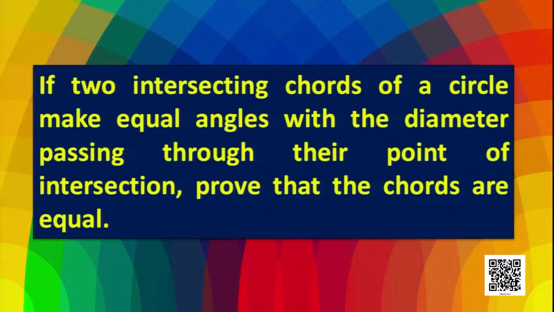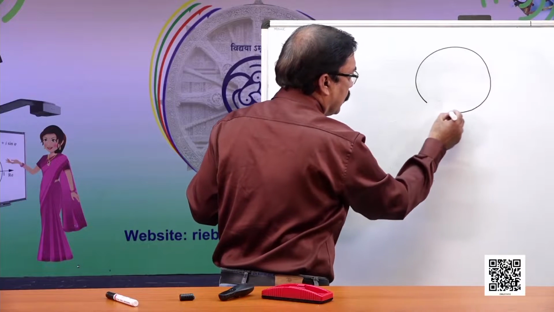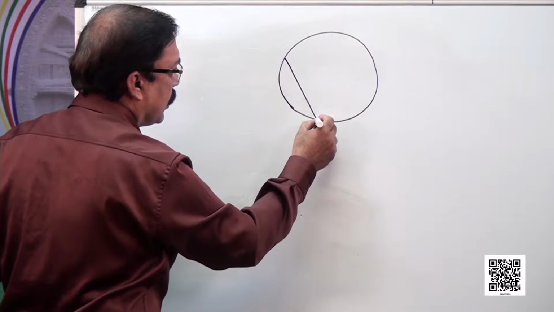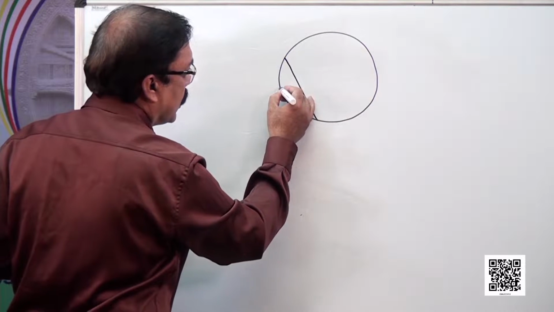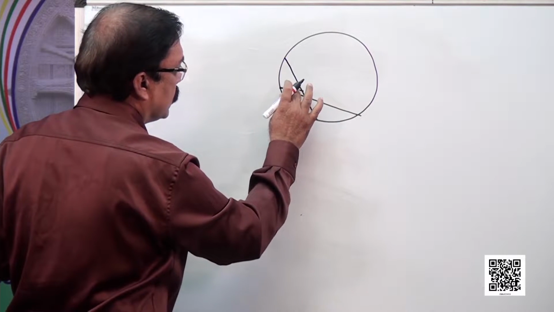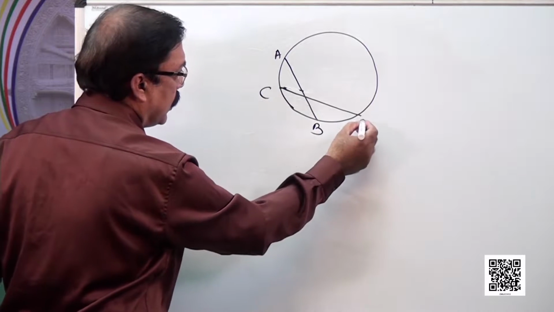If two intersecting chords of a circle make equal angles with the diameter passing through their point of intersection, prove that the chords are equal. See, a circle is there. We have two intersecting chords AB and CD.